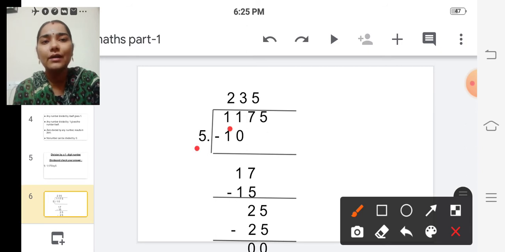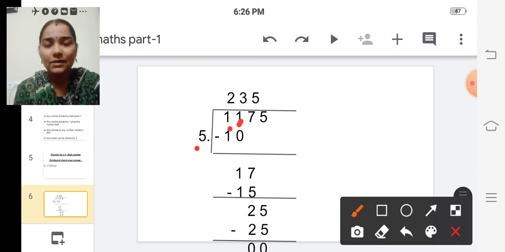1175 divided by 5. First consider the first two digits. What are the first two digits? 1, 1, 11, isn't it? First you have to check 11 is greater than 5. 11 is greater than 5, so we can divide.